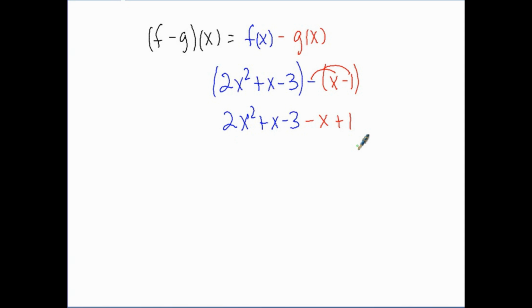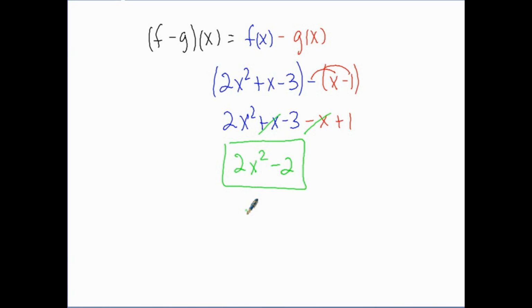All we need to do is combine our like terms. So 2x squared, I don't see any other x squareds here. So I'm just going to bring it down. 2x squared. X minus x, well that's 0, so those cancel each other out. And then negative 3 plus 1, so that's going to give us a negative 2. So that would be our final answer for that one.